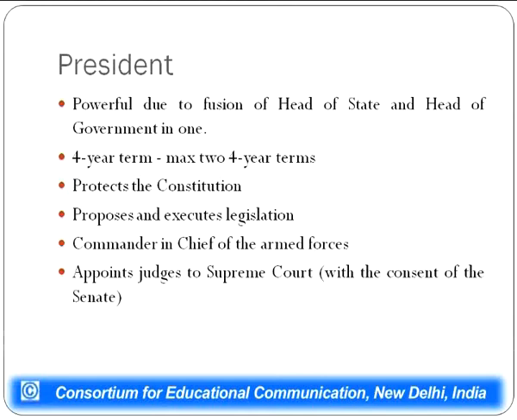And that is why the post of the President of United States is much sought after and much looked up to. Now, the President has a 4-year term and maximum 2 terms, so he cannot be re-elected at the end of these 2 terms.